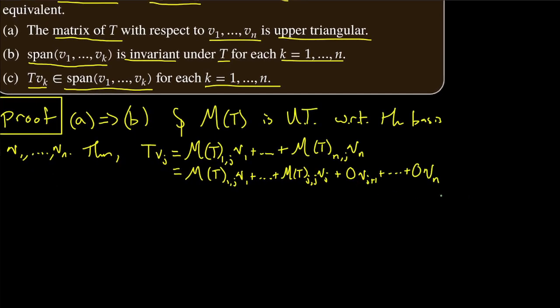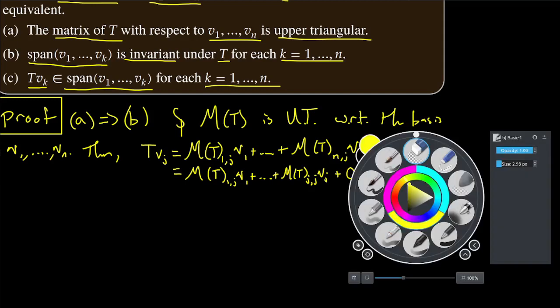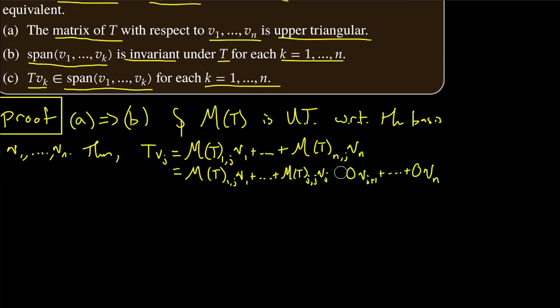Potentially, this last part is a little bit of an abusive notation. If j is equal to n, then I shouldn't write this piece right there. And so maybe the technically slightly better way to write this is just to erase this, and just say it only goes up to the jth component.